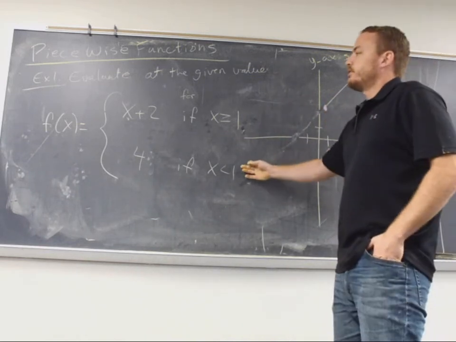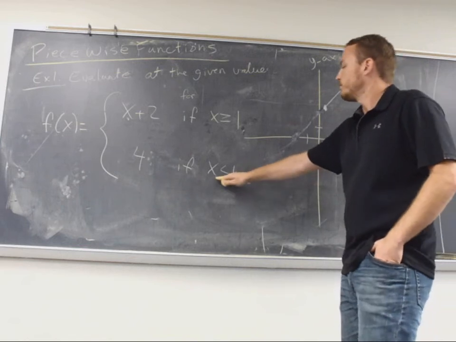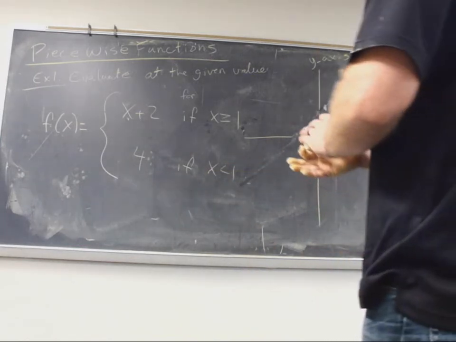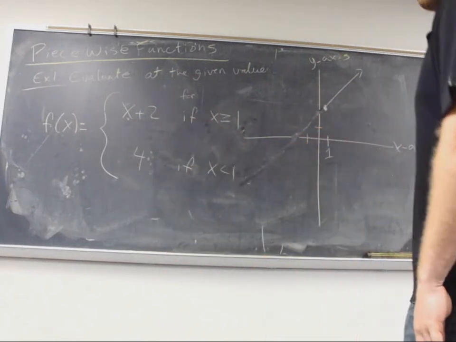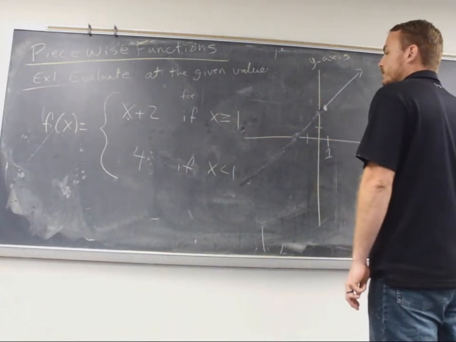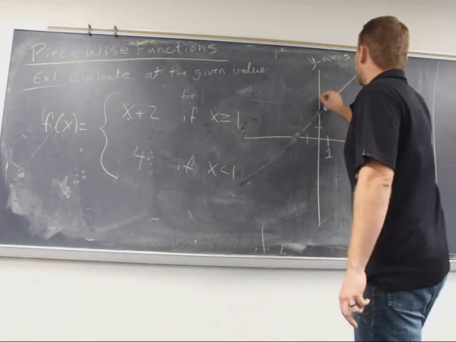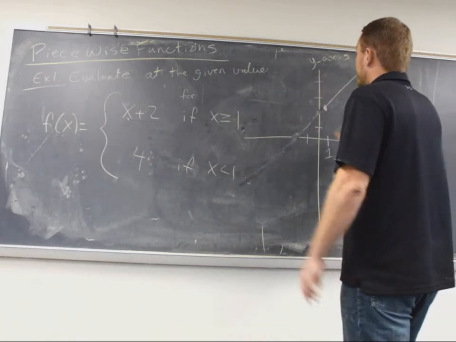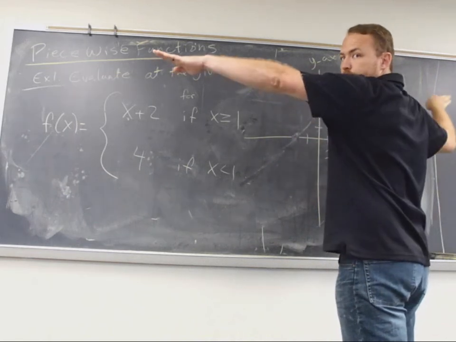Now we need to graph f of x equals 4 for all the x's less than 1. But what I'm going to do is draw the entire graph of f of x equals 4. And what that looks like is, I come up here to 4, and it's just a horizontal line.